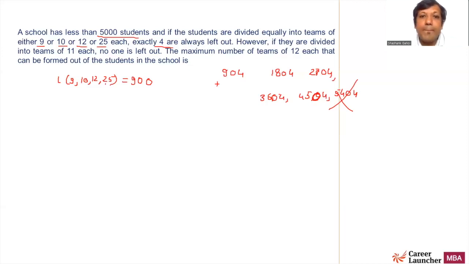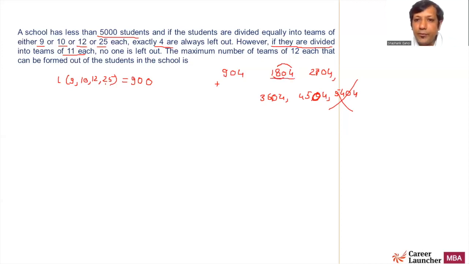But the question is also saying that if they are divided into teams of 11, no one is left out. So the number of students should be divisible by 11. If I divide 904 by 11, is it divisible by 11? Definitely not. For 1804, this comes out to be 12, this comes out to be 1, 12 minus 1 is 11, so it is definitely divisible by 11.